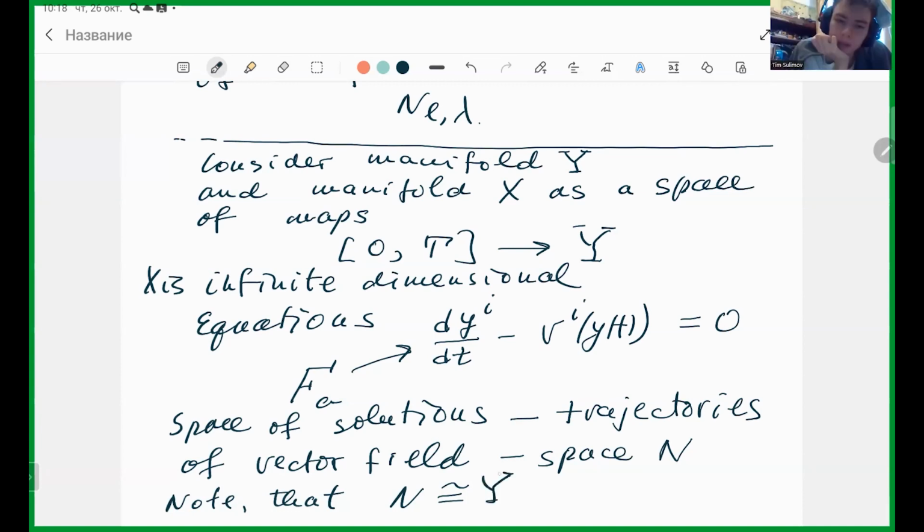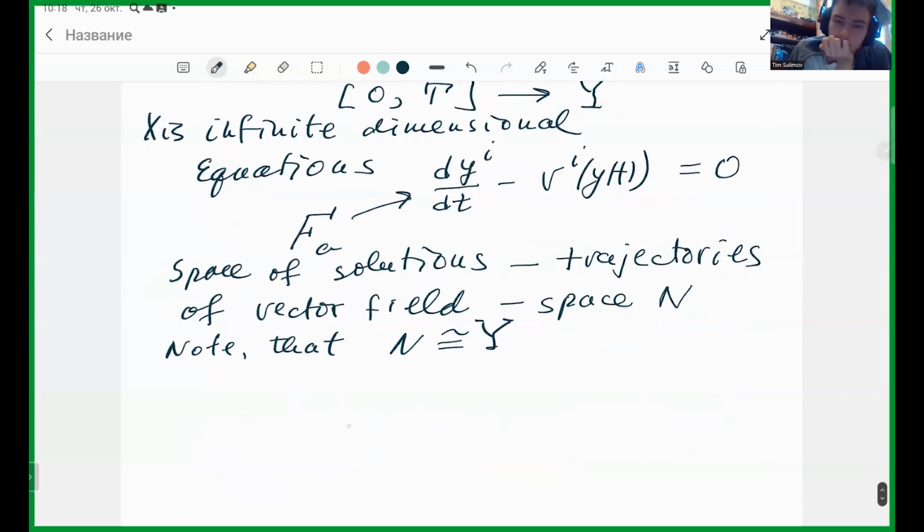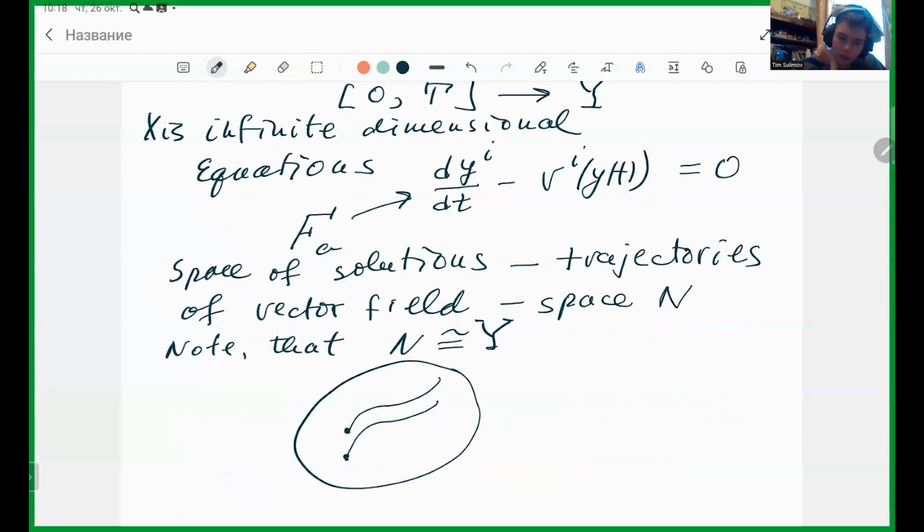Just Y. Why? Because a trajectory starts somewhere. Yeah, so it is trajectories, not orbits, parameterized trajectories. So we have a finite dimensional space.